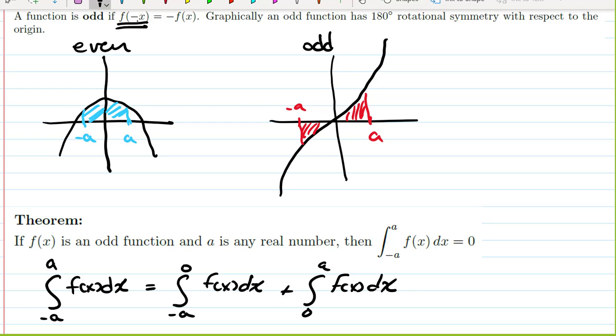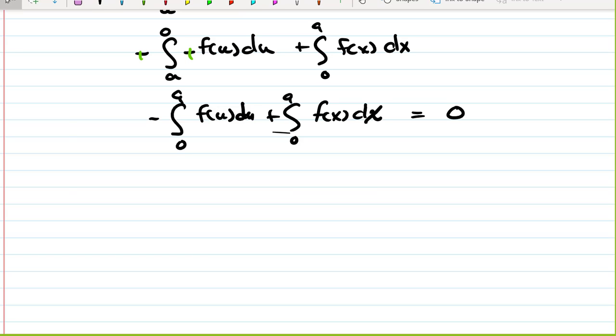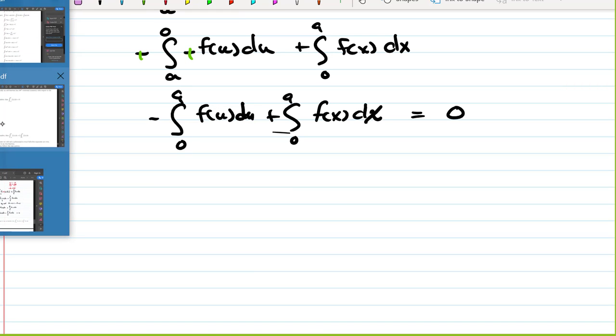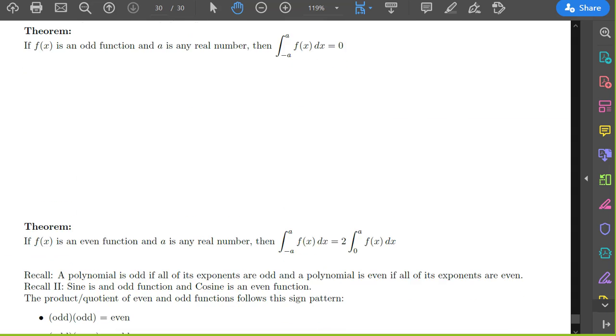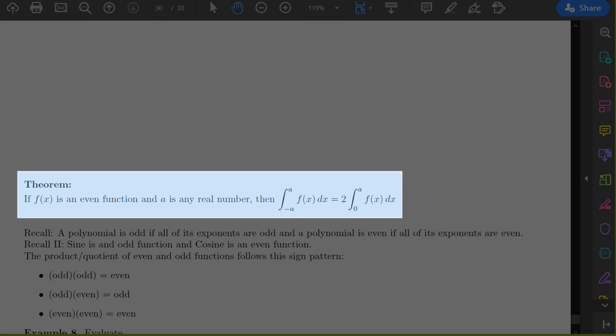So I won't do a proof for the even one, but based on this picture, what would we guess would happen to the integral? If you're interested in the proof, it works almost exactly like the other one, except in the step where you substitute, you're going to do even instead of odd, and then exactly the same thing happens.